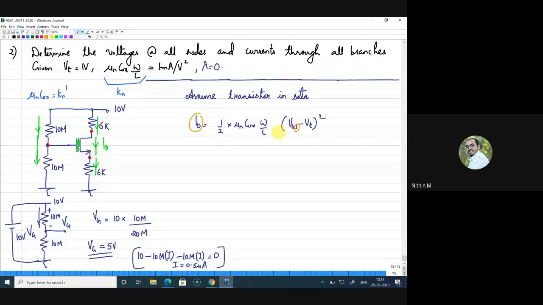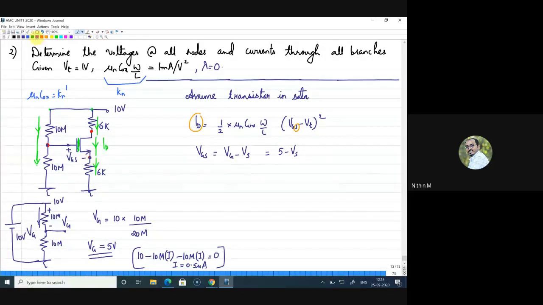So what I will do is I will just rewrite VGS. I will keep ID as it is. What is VGS? VGS is VG minus VS, the potential between these two nodes. I obtained the value of Vg here, so VGS is 5 minus Vs. But what will be Vs?